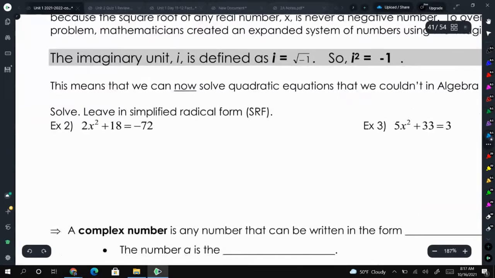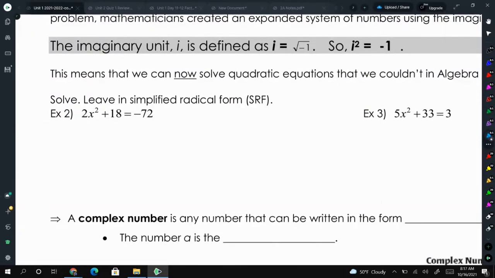So going back to what I was saying earlier, now we can worry about what happens when we get a negative number in our square root. We can replace that with i, the imaginary unit called i. When we do that, it's like factoring out a negative 1, and that will make life easier for us.